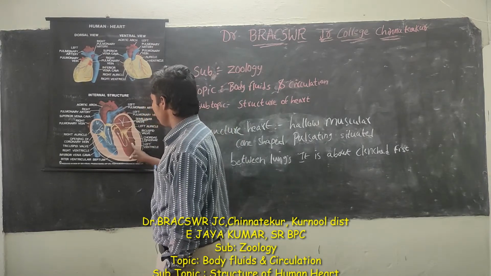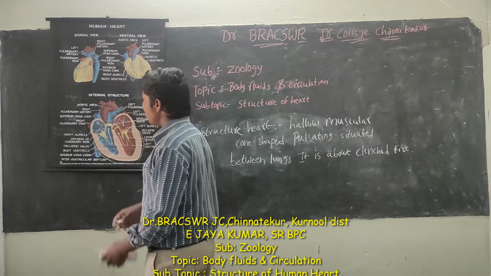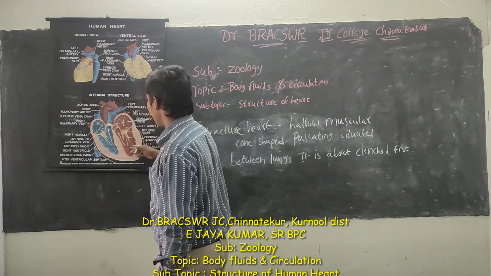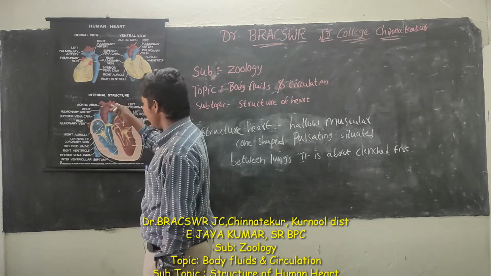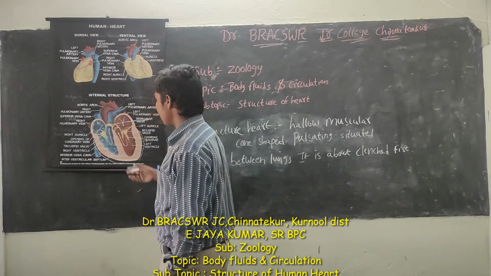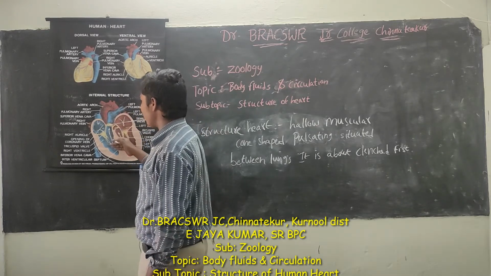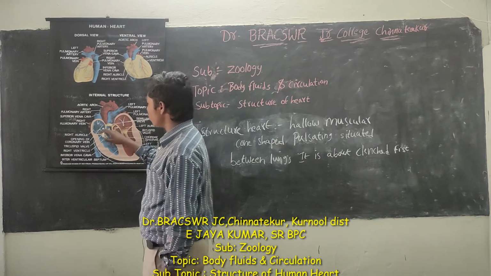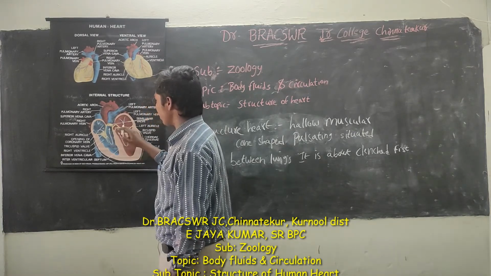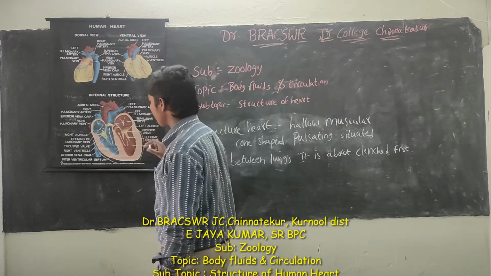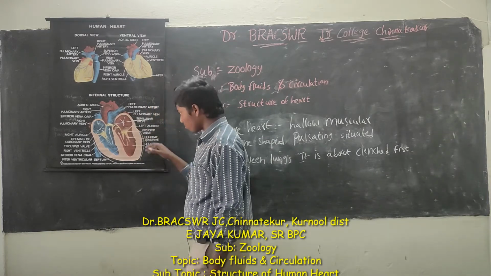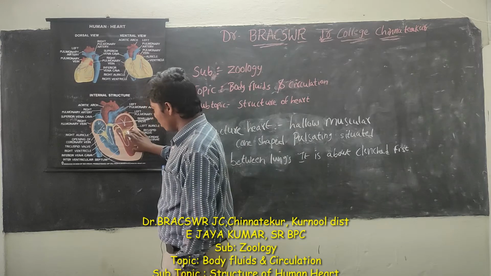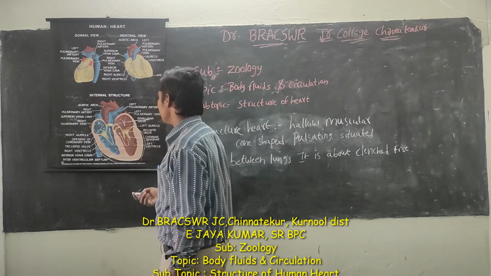The left ventricle sends oxygenated blood, and the right ventricle takes deoxygenated blood from the body parts to the lungs. Approximately 5 liters.